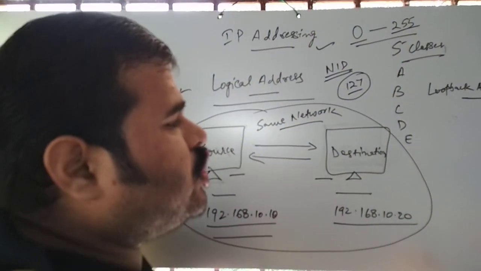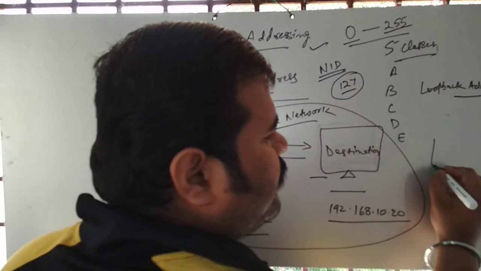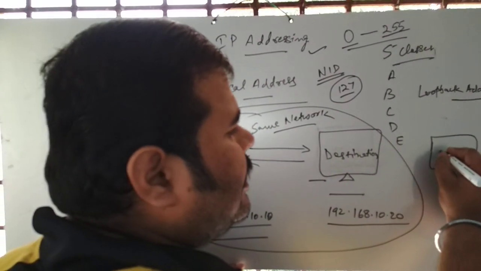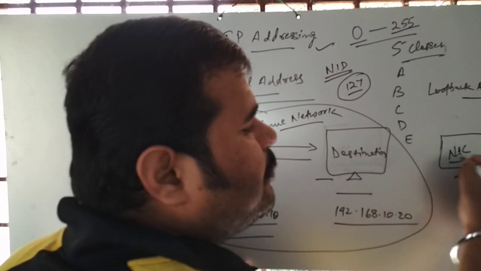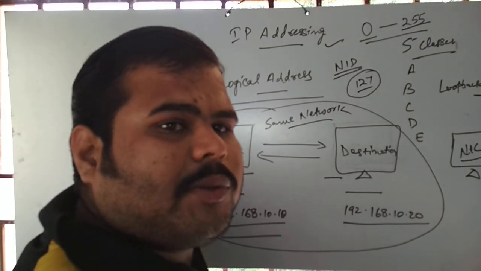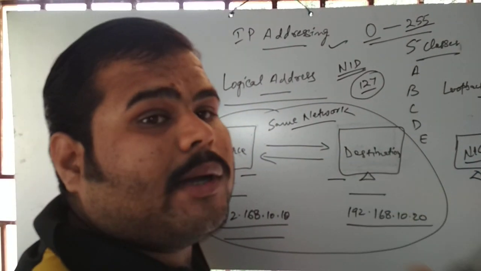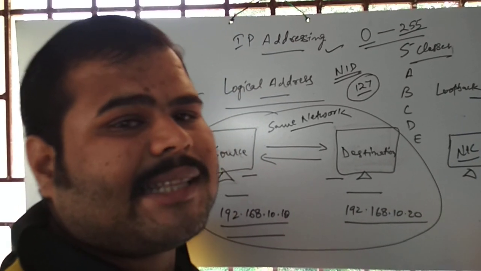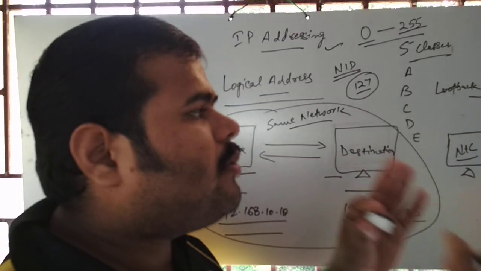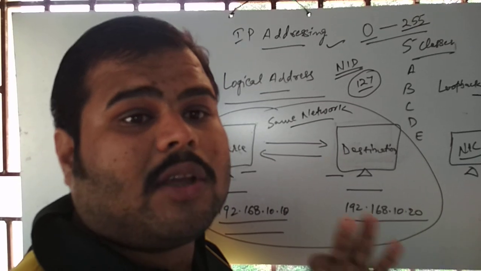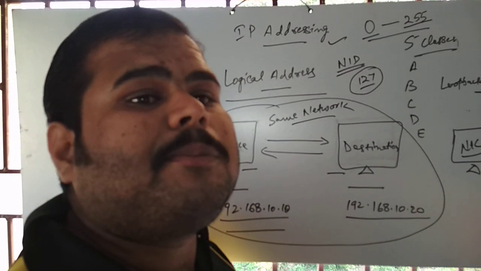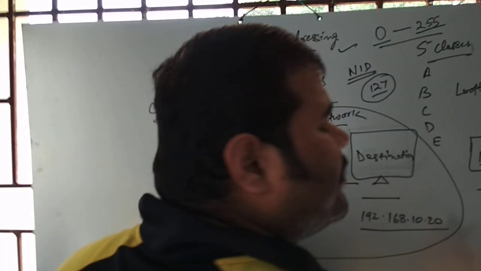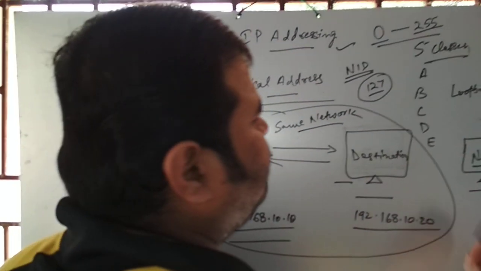It shows whether the NIC or the Ethernet port assigned in your system is working properly or not. With the help of the loopback address, you can easily identify whether your system's NIC, the network interface card, is working properly or not.